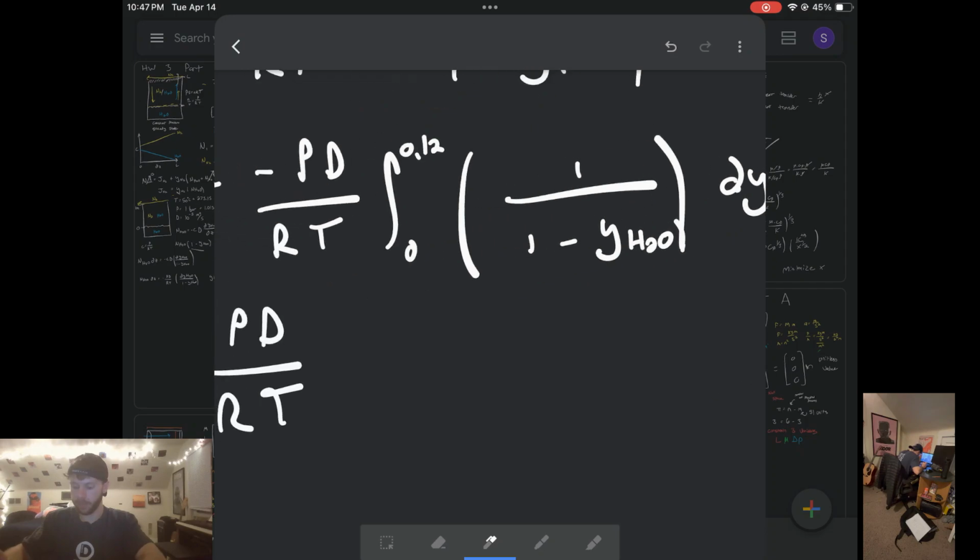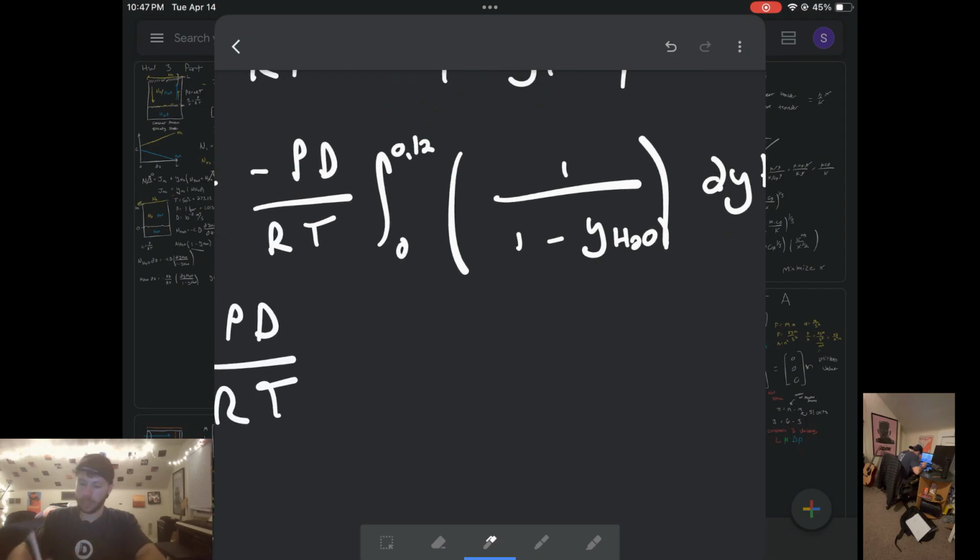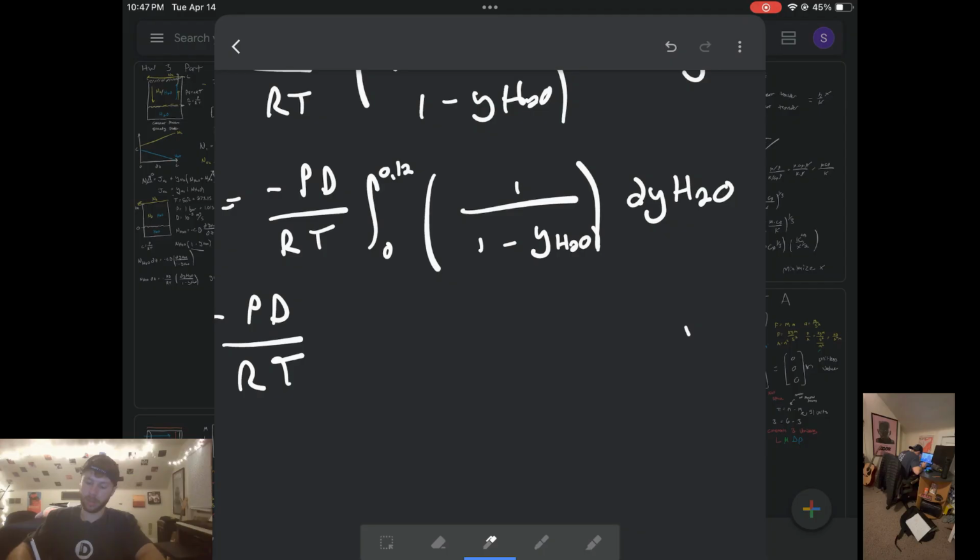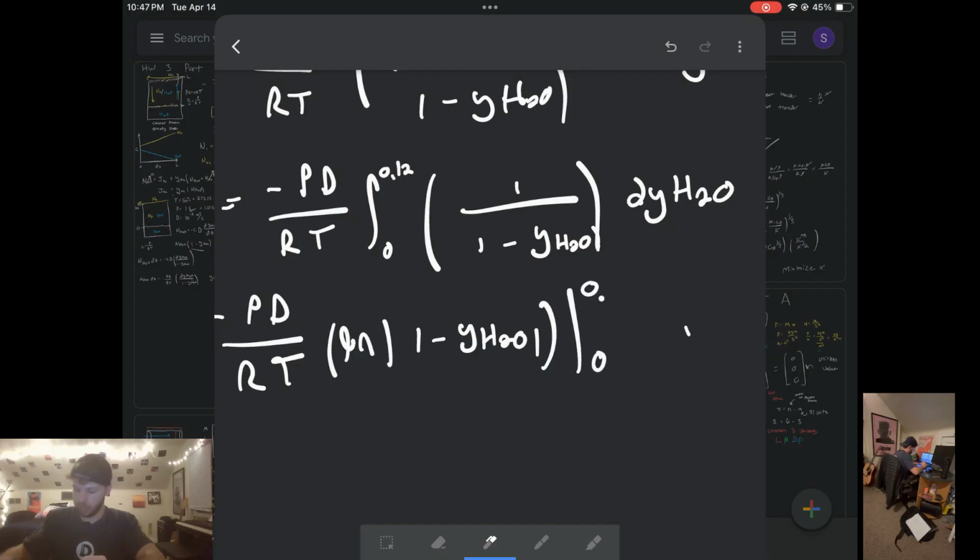So we'll get the natural log of the absolute value of 1 minus our mole fraction of water vapor, evaluated from 0 to 0.12.